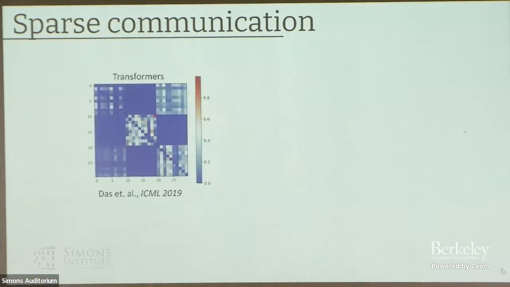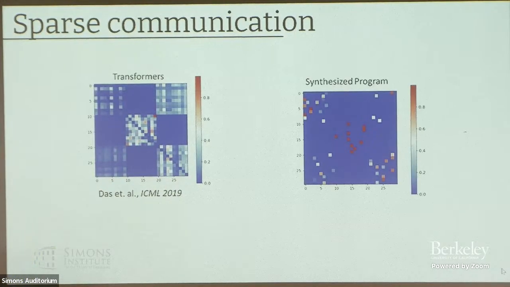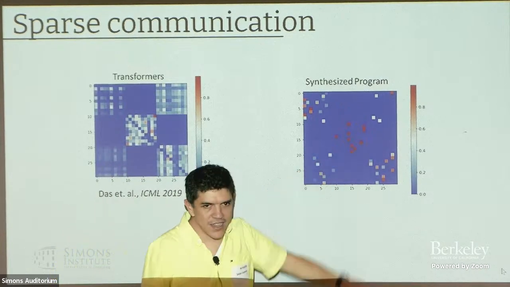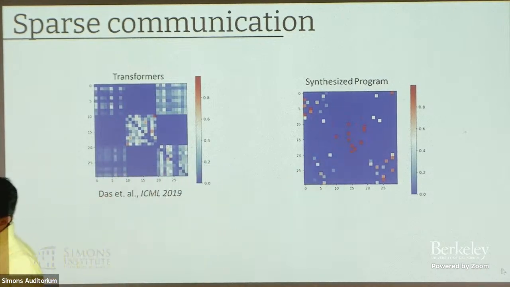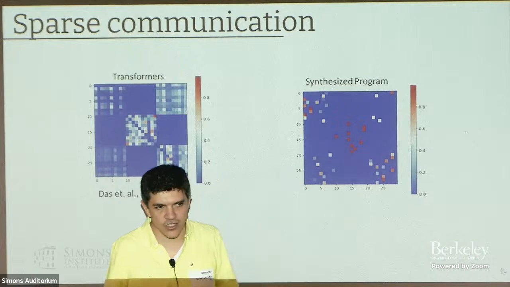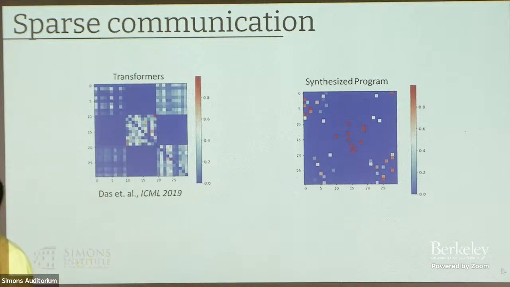It turns out that you can do this. Here's how the communication matrix looks from that prior work. Here's how the communication matrix looks after we distill those neural networks into a program in this very specific DSL, where by construction we're ensuring that there's very little communication going on at every step.